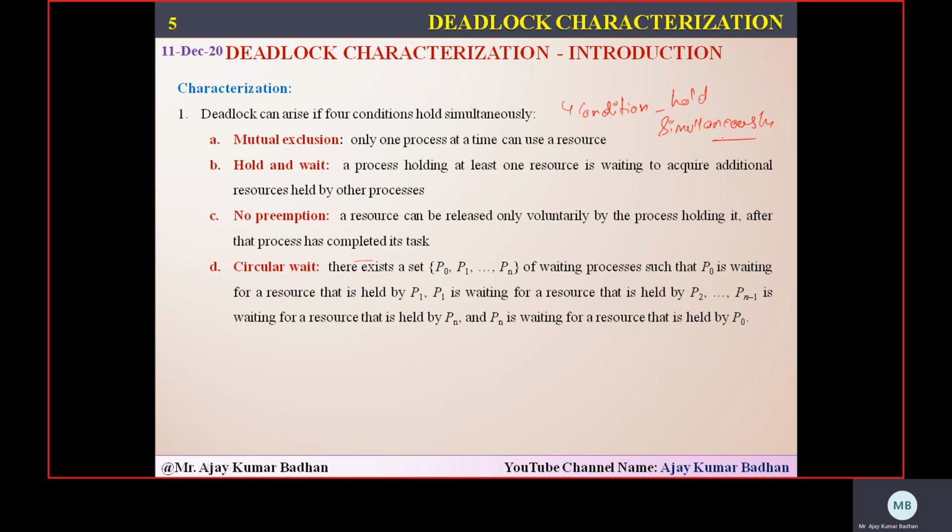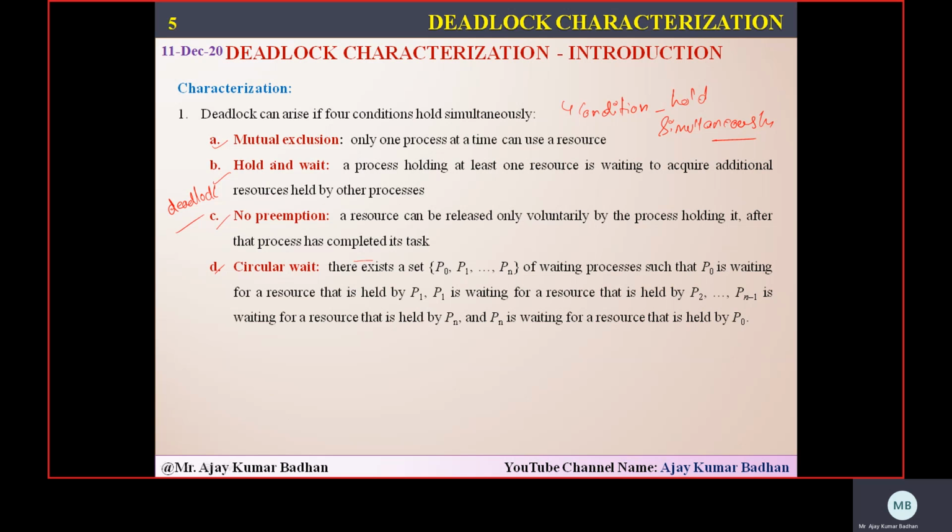If all the 4 conditions hold simultaneously, then the deadlock situation will come. That's for sure. In any scenario, if all these 4 points are there, you can simply declare that there is a deadlock in that particular scenario.